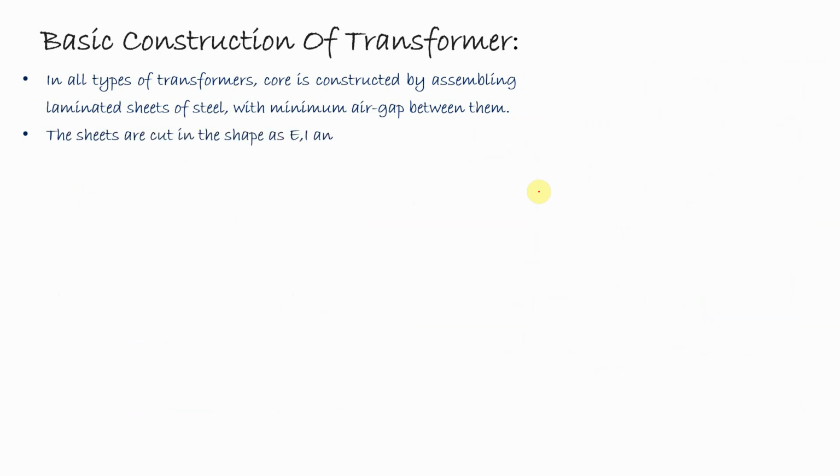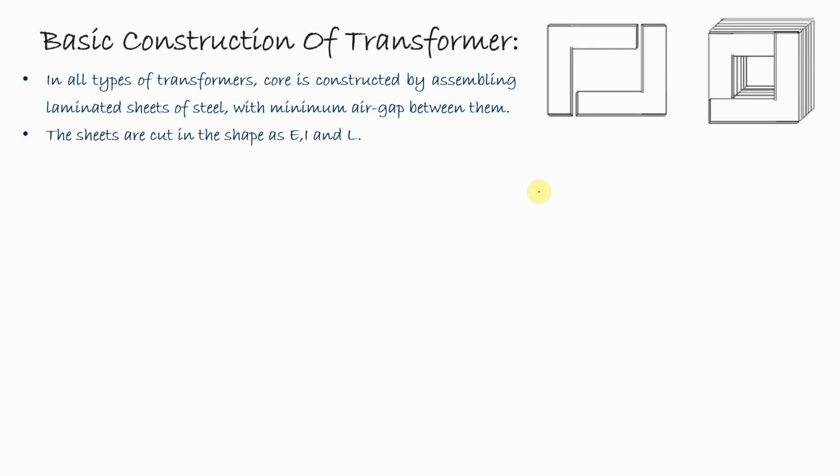The sheets are cut in the shape of the English letters E, I, and L. Here we can see the configuration of the sheet. This is the L-shaped sheet. Here the L-shaped sheets are used to make the core of the transformer, and these are assembled like this.